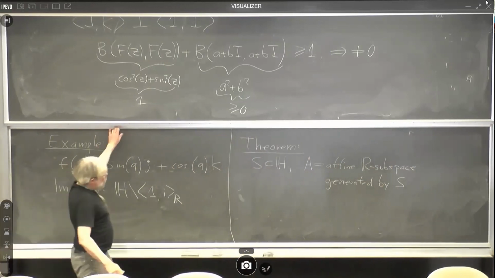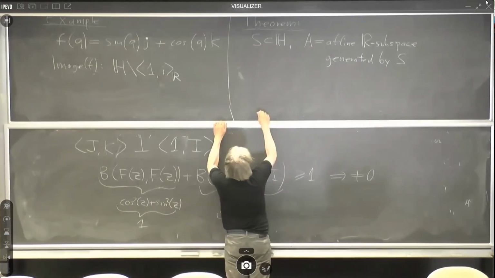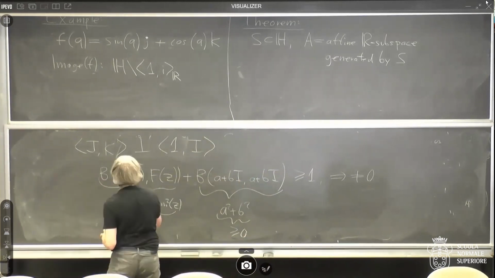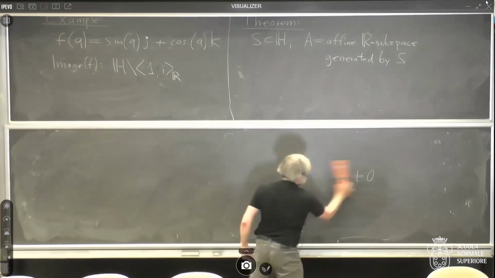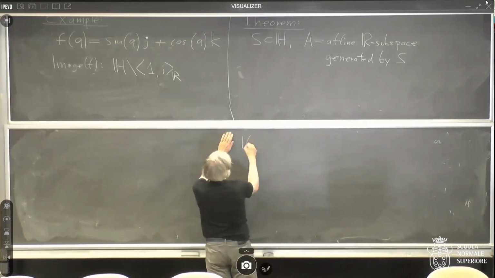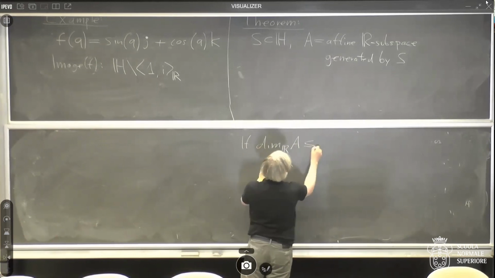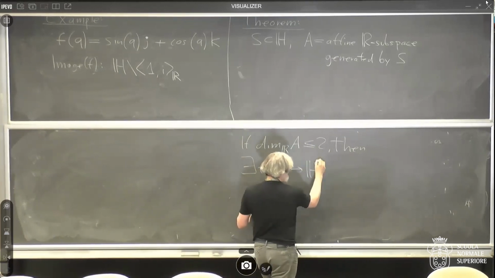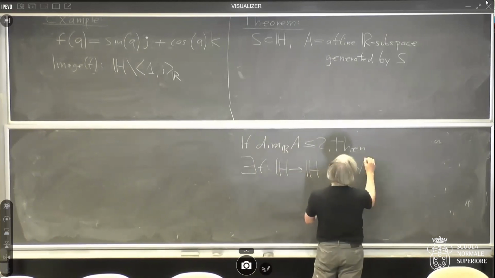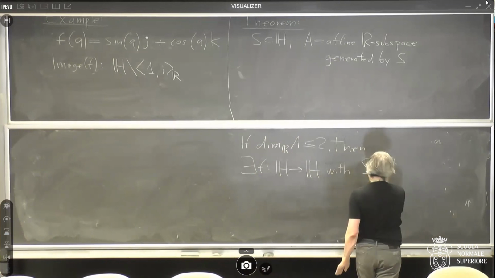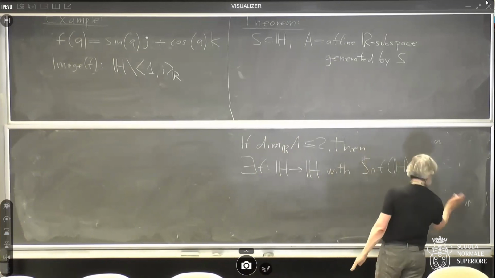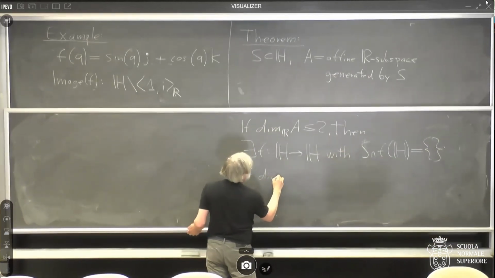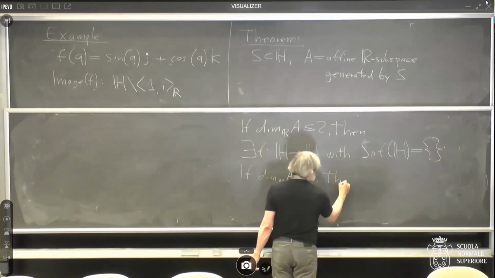And the statement is now the following. If the real dimension of A is at most 2, then we can find an entire quaternionic function from H to H which completely avoids S. And if the dimension of the set is 4, then there is no such function.